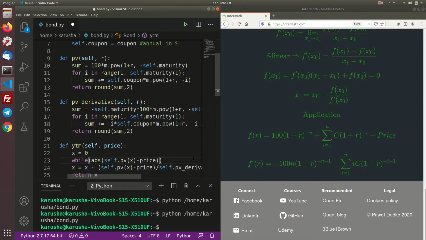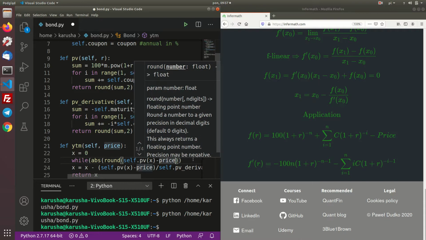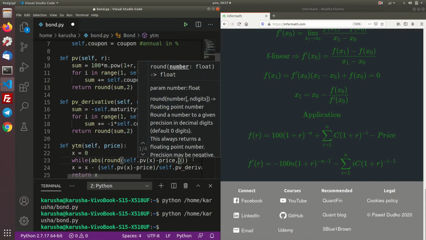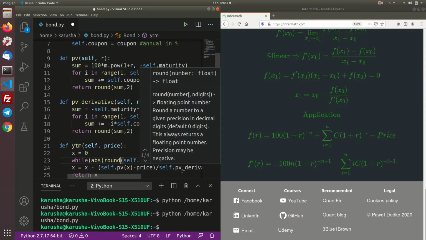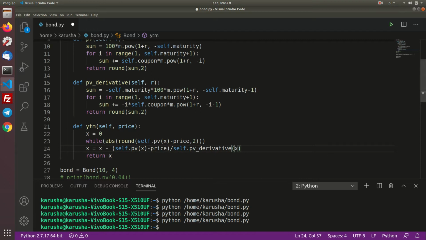Okay, while this amount, and also let us round it, as we did for the PV, so that we have 2 decimal places precision. So while this rounded amount is bigger than 0, we will repeat this.